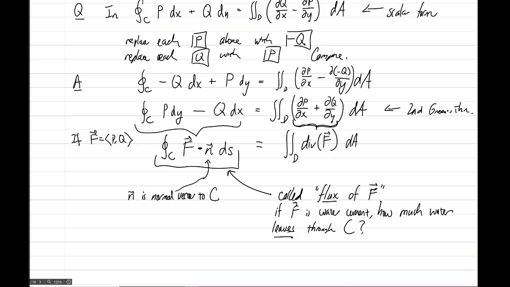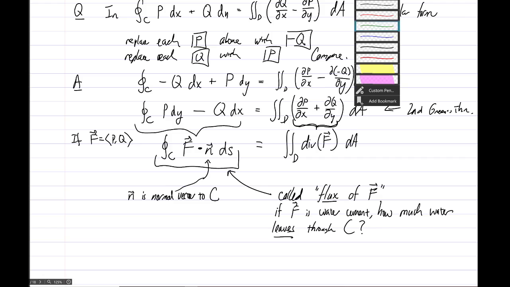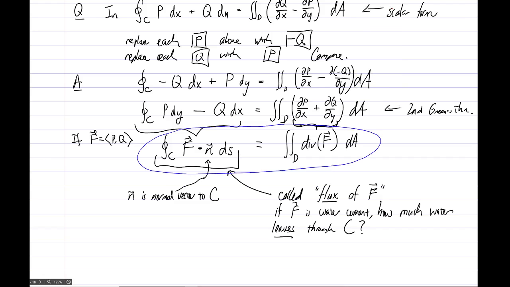The key point is, for now, don't worry about it too much, but as a preview, if you look at a later section in the book, I'd like you to compare this theorem circled in blue. Again, it's really just a vector format of the second Green's theorem, but I'd like you to compare this with what the book calls the divergence theorem, and look at how similar the notation is.